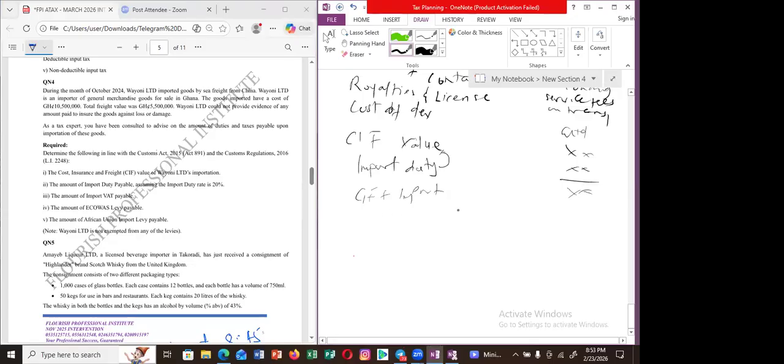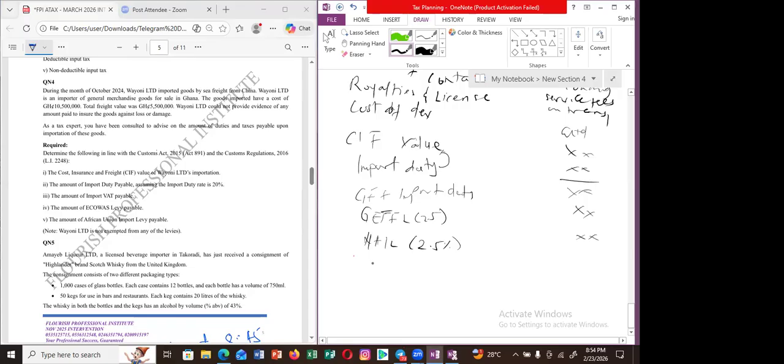Now on this, the import levies are also computed. The levies: we have the GETFund levy, which is 2.5%, computed on the CIF plus the import duty. We also have the NHIL, that is 2.5%, also computed on the CIF plus the duty.